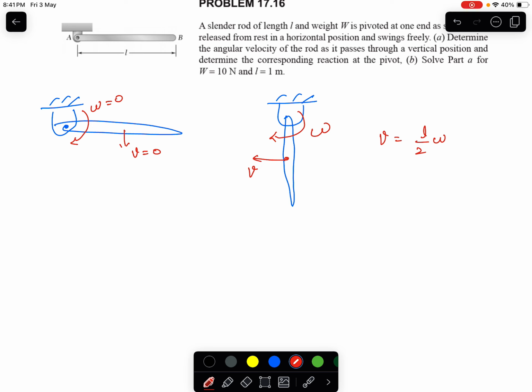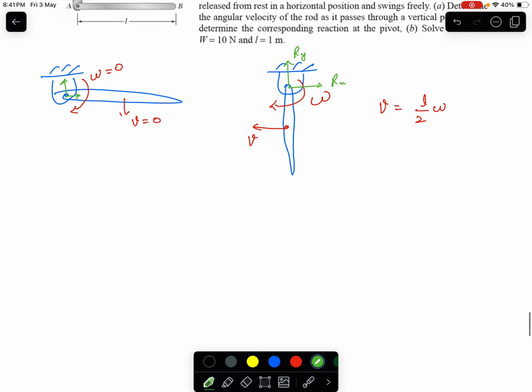So we can apply the potential energy for that, and there are no other external forces except the reactions, Rx and Ry. Since the point of application of these reaction forces doesn't move, there is no work done by these forces.